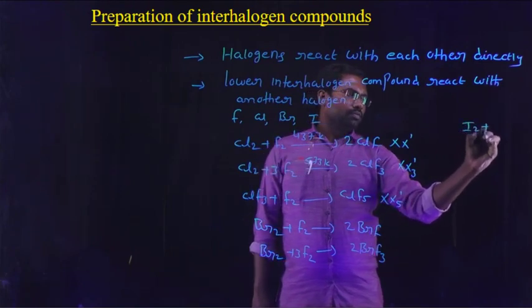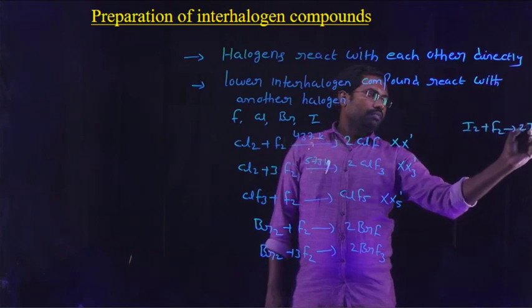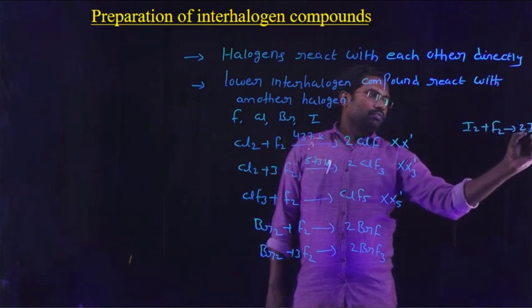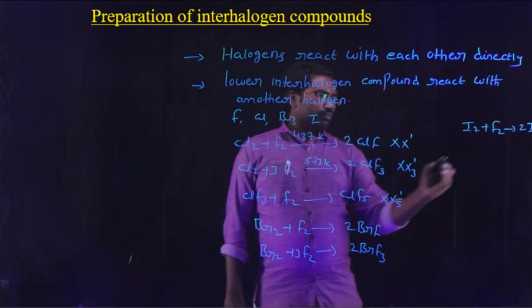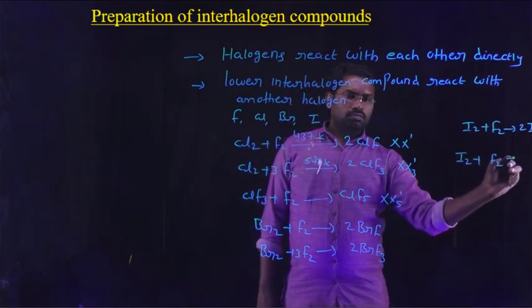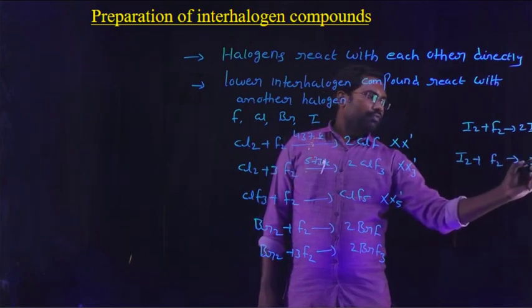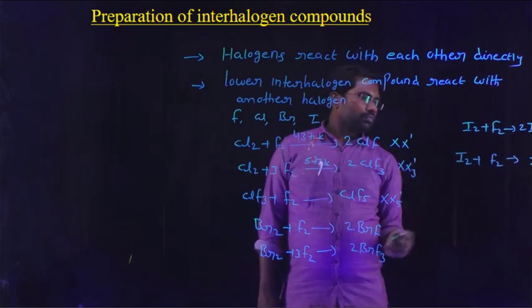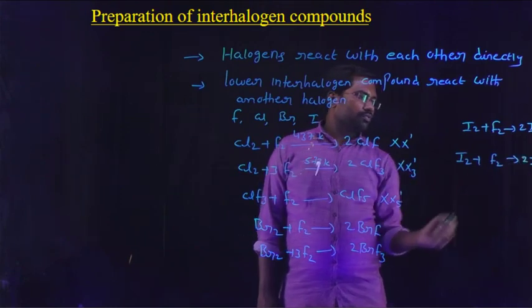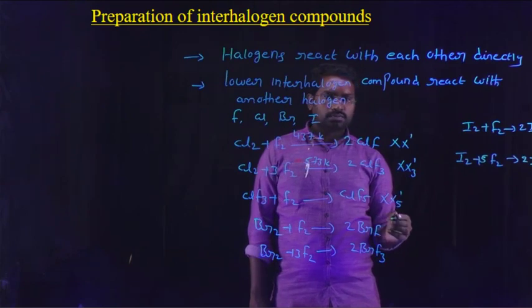Iodine reacts with fluorine to form 2IF. And also iodine reacts with fluorine to form IF5. Here 2 iodines, 10 fluorines.